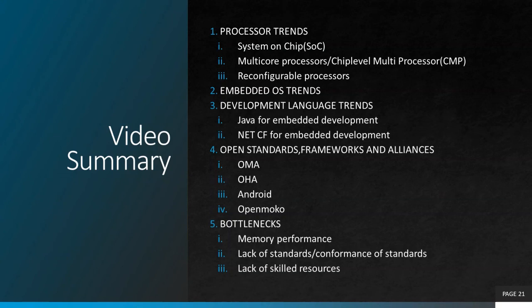It is of 2 types: Java for embedded development, .NET CF for embedded development. Fourth trend is open standards, frameworks and alliances. It is of 4: OMA, OHA, Android and OpenMoko. And the fifth and last trend is bottlenecks. It is of 3: memory performance, lack of standards or conference of standards, lack of skilled resources.